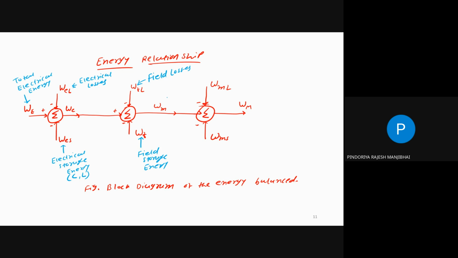Field storage energy, and this is the mechanical energy. So we can say this is the mechanical energy. Yes, this is the mechanical losses, WML. This is the mechanical storage. And finally, Wm, that is the total mechanical energy.